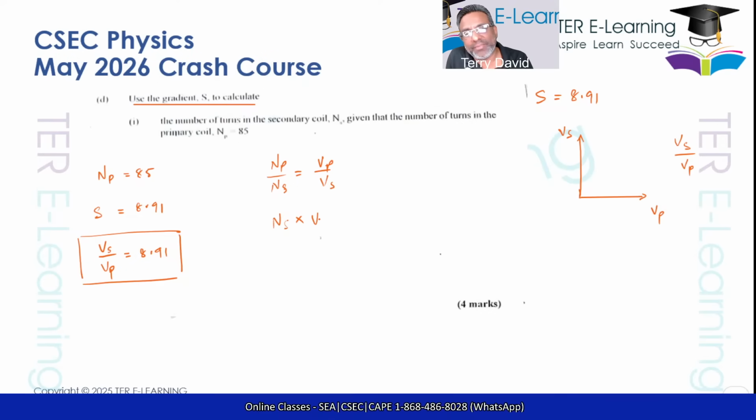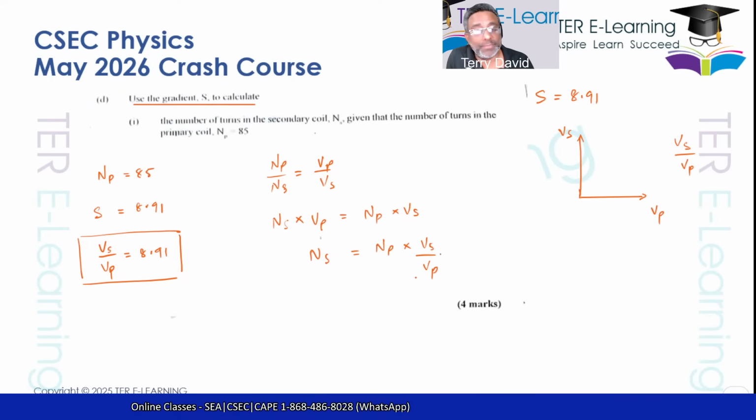So Ns over Vp is equal to Np over Vs. Therefore, the number of turns in the secondary is equal to Np, the number of turns in the primary, multiplied by Vs over Vp. Okay, so that's what the formula is telling us. Now, the number of turns in the primary is given as 85.